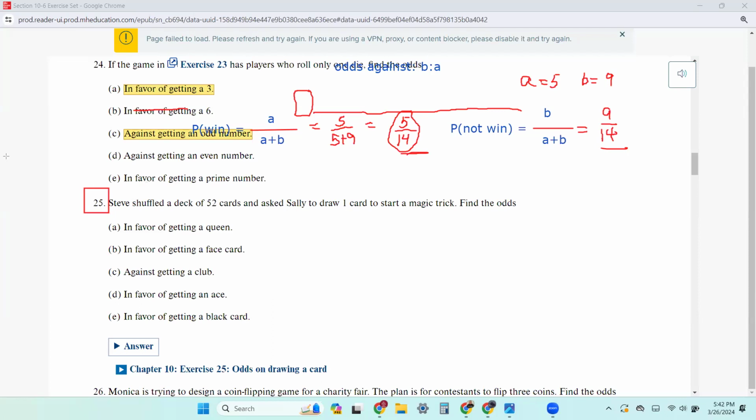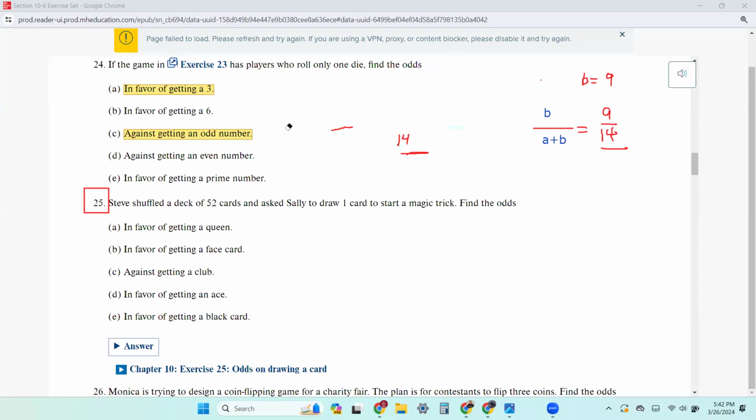Number 25. And I tell you what, I'm going to put this up here. I'm going to kind of put these up here. So the probability of A, I'm just going to use A.